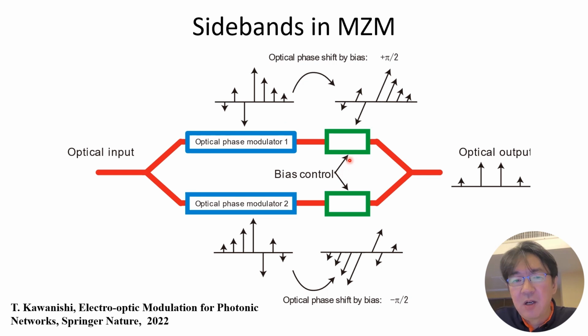And also we should control the optical phase shift by bias. We can control the phase relationship of the sideband, and we can calculate the expected output spectrum by using such a mathematical formula. Of course, I don't have enough time to explain the details. If you're interested, please check the reference.